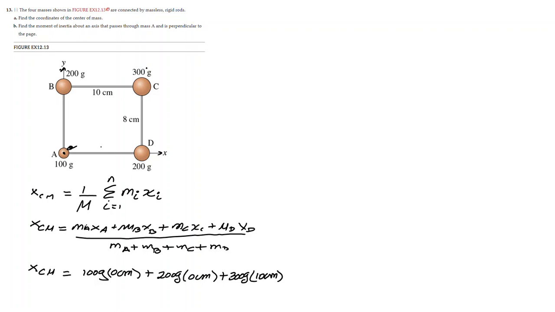because the coordinates of this mass are just 10, 8, plus mass D, which in this case is 200 grams, and the distance from mass D to the origin would be 10 centimeters.